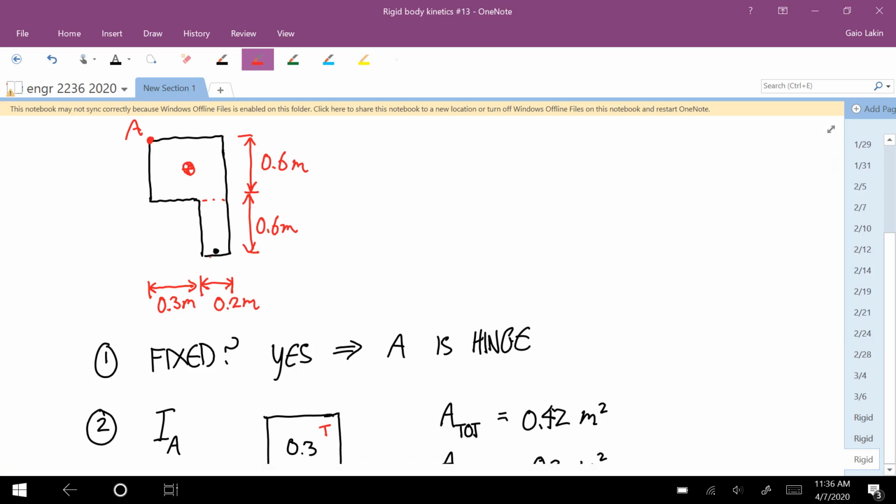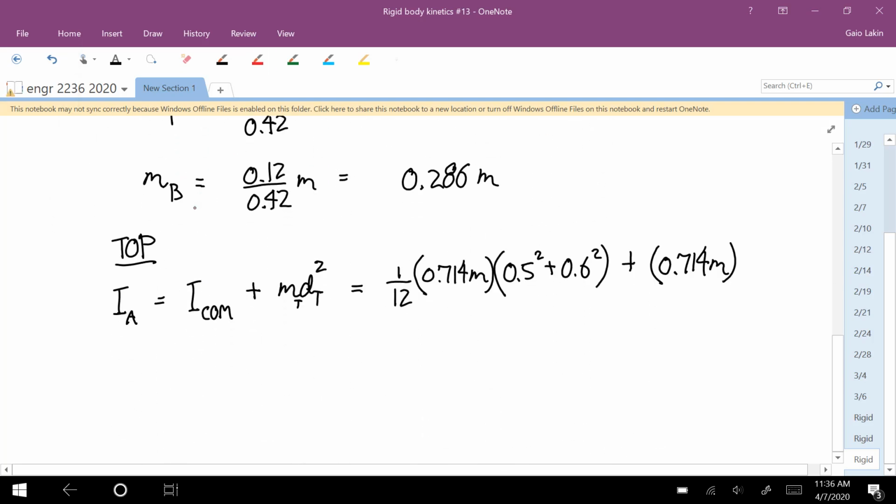So vertically, it's going to be 0.9, and horizontally, this is 0.1, so it's going to be 0.15. So I think this is going to be 0.9 squared plus 0.15 squared, and that should do it.